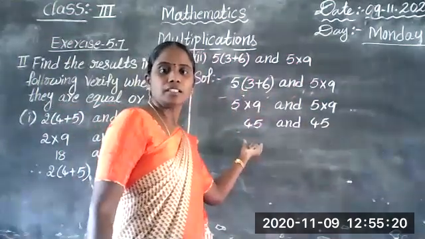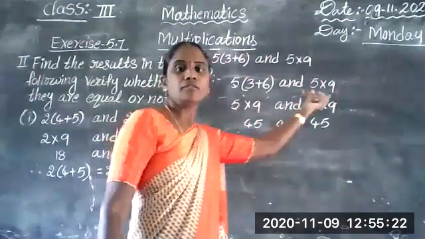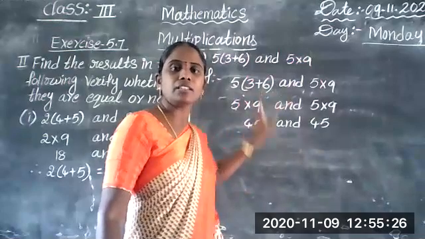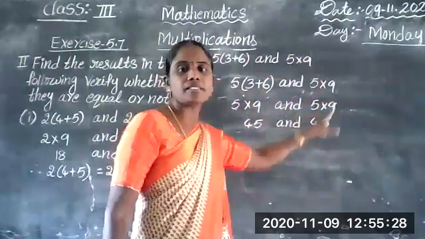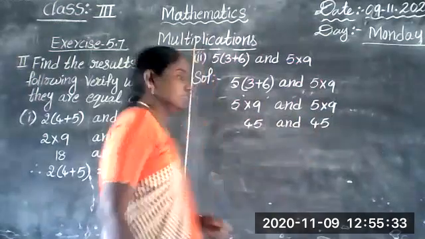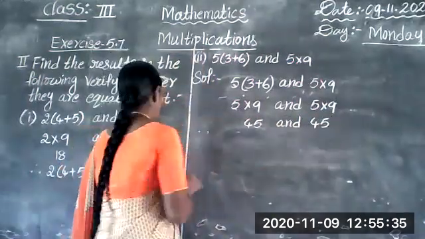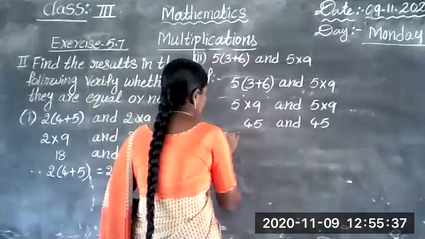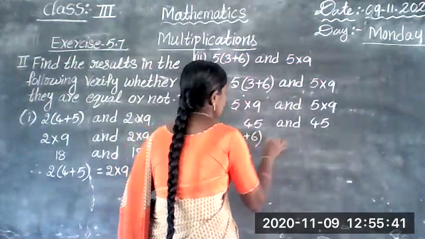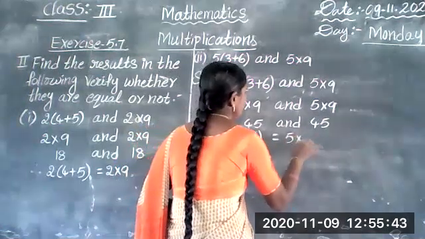This one gets 45. 5 into 3 plus 6 equals 45. 5 nines are 45. So both are equal. 5 into 3 plus 6 equals 5 into 9.